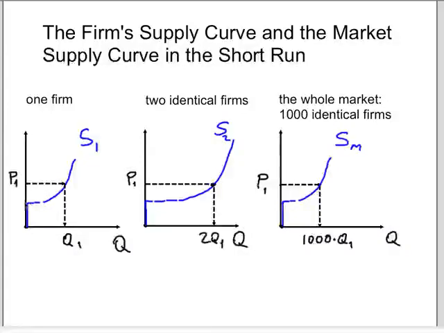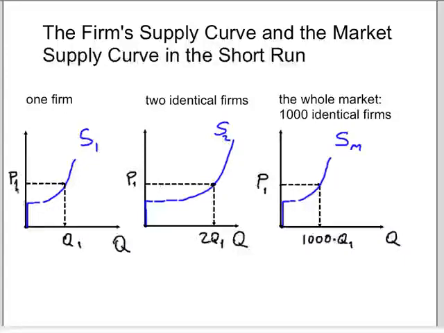I hope you remember how to get this supply curve. It's basically part of the marginal cost curve, this part, above average variable cost. Below average variable cost, we know it just drops to zero in the short run. So if price drops below this point, then the firm is producing nothing.